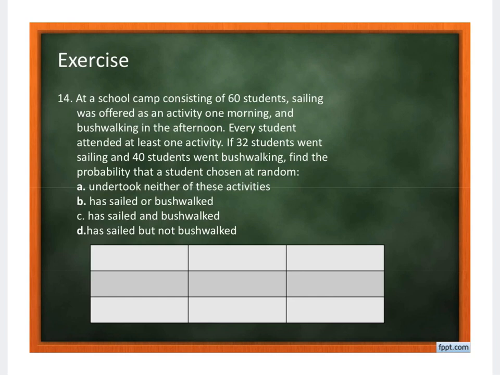Okay, S is sailing. S complement is not sailing. B is bush walking. B complement means not bush walking.